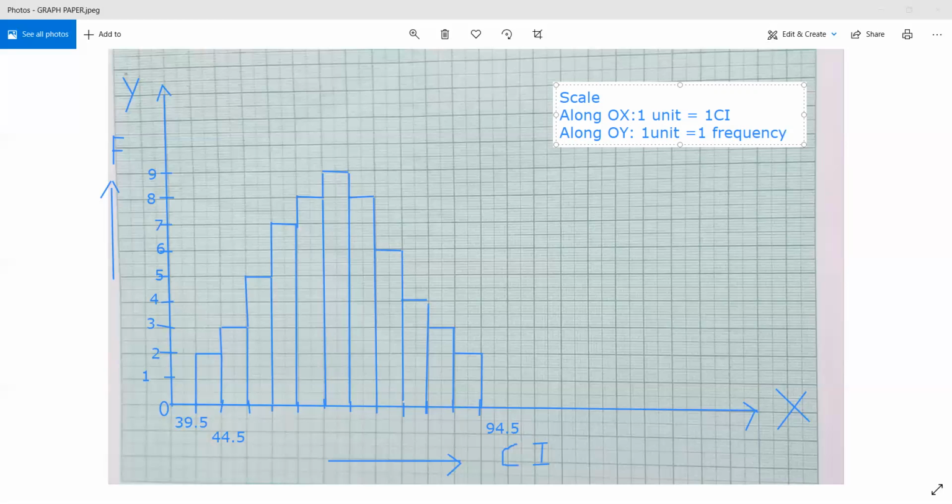Alright, so this is how you're going to plot the histogram.